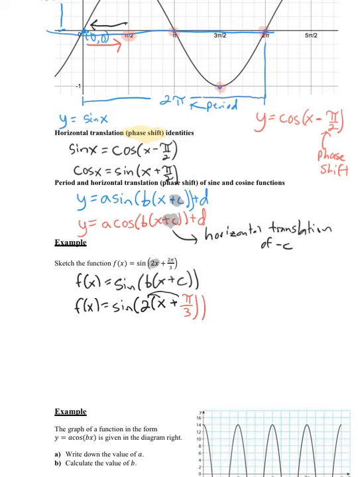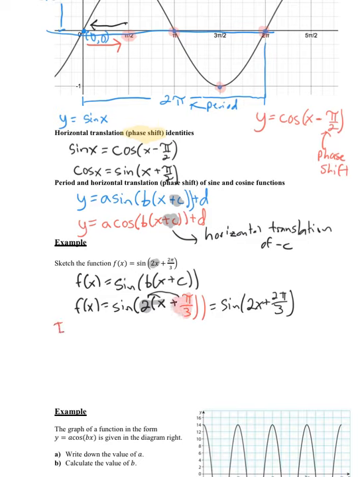That would give me 2 pi over 3, which is the exact same thing. So these are the same equation, but when I rewrite it a certain way, now I can clearly see a b value, and I can clearly see a c value right there, the positive pi over 3.